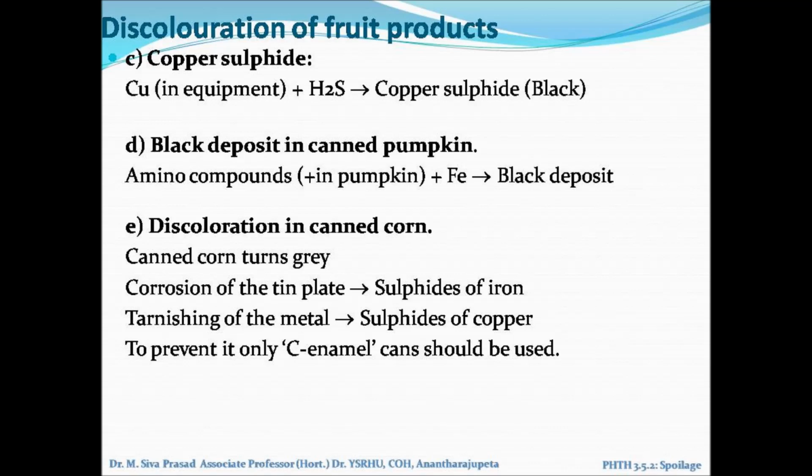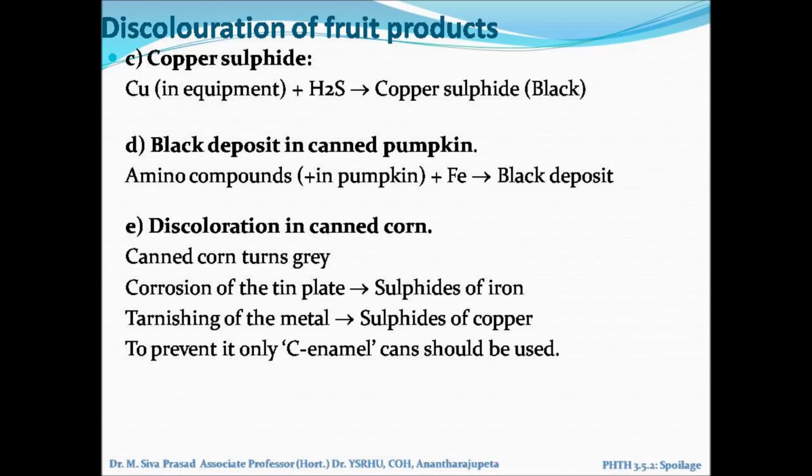This is because of the corrosion of the tin plates. Either the tin plate will be corroded, or the metal equipment, that is copper or brass, becomes tarnished. Both the tin plate and the equipment machinery getting tarnished will lead to gray discoloration.